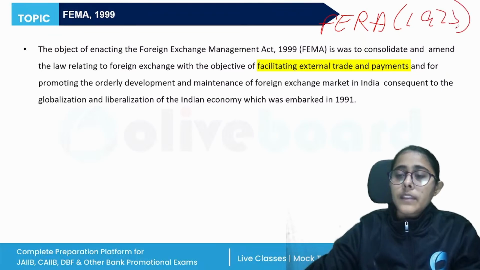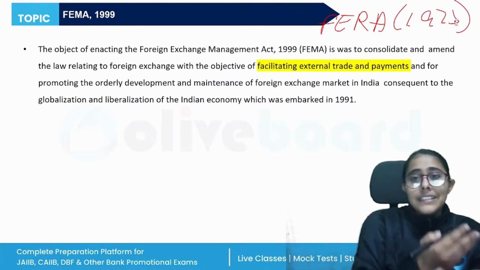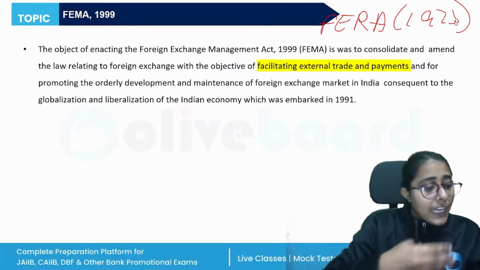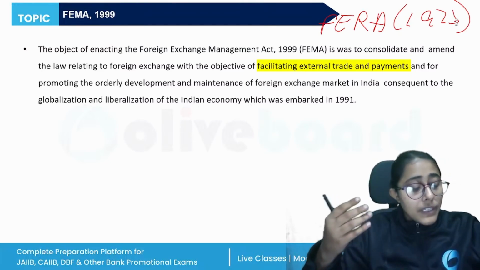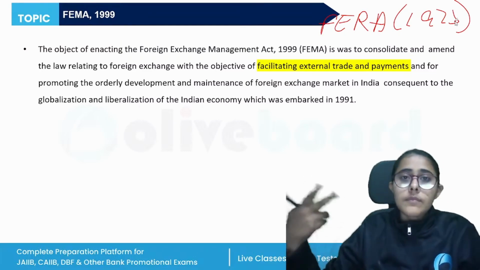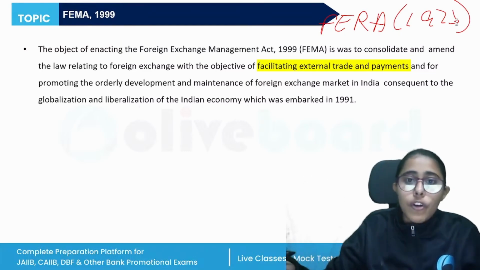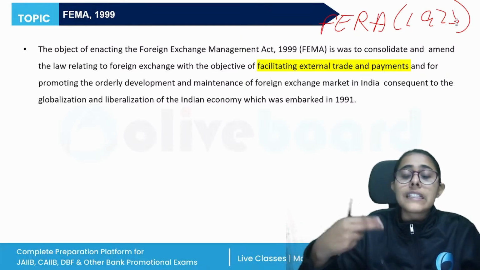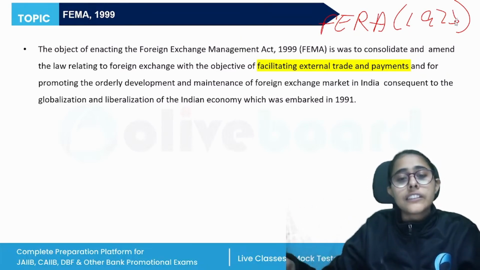But it was felt that this act was quite stringent, and it came in the way of making India more liberalized, which was the aim for a more globalized developed economy. So this was repealed. Why was it felt so? Because it was too rigorous and had outlived its utility.